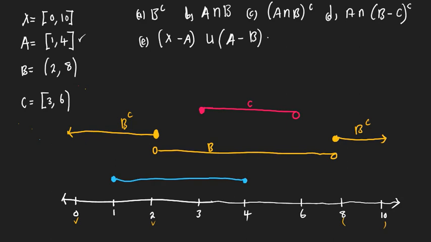So B complement is a set. So 0 was part of the universal, from 0 up to 2, the union of from 8 up to 10. That is B complement.